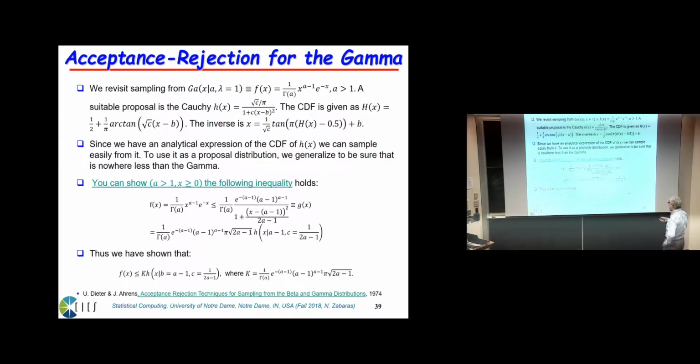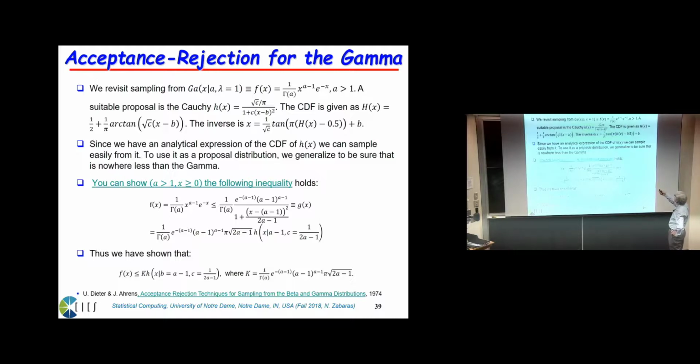Well, I found a paper from 1974. Somebody had scanned it nicely and put it on his website. So you can actually show a nice inequality, and the proof is there, that this pi distribution is less than or equal to a constant that you see here, times the Cauchy distribution h of x for these parameters that you see here. Okay? So basically we're in business.